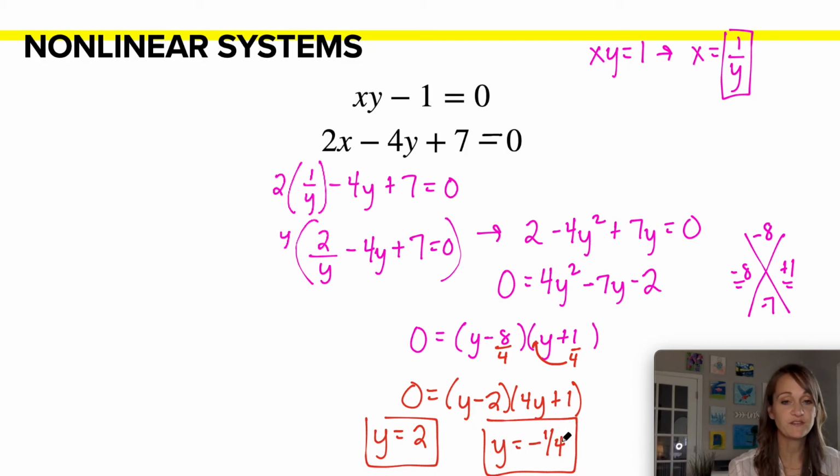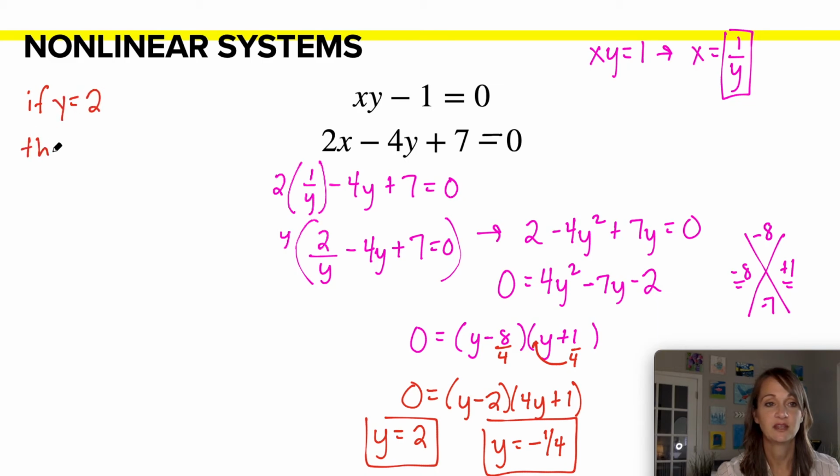Now in order to find your x value, I'm going to plug 2 back into this equation. So if y equals 2, then x equals 1/2. So we have the coordinate point 1/2, 2.